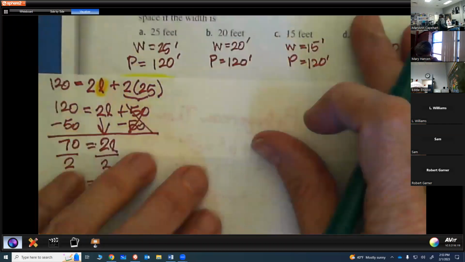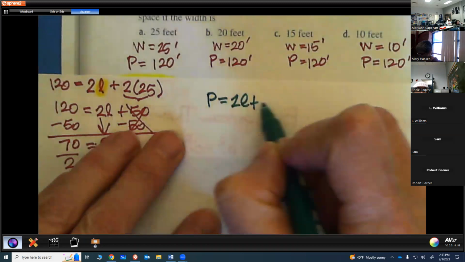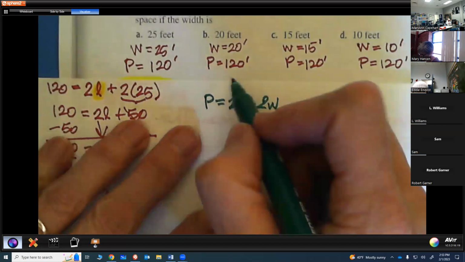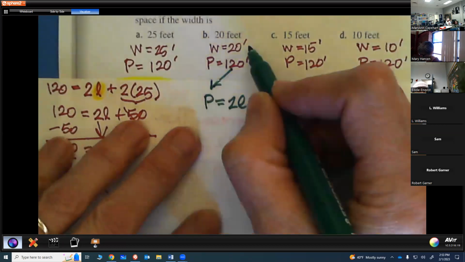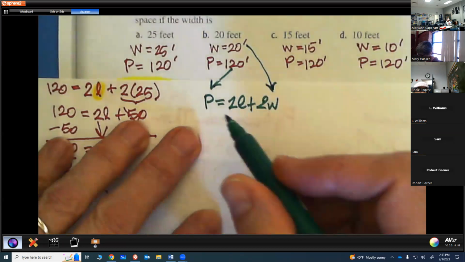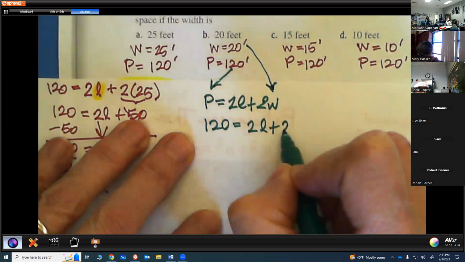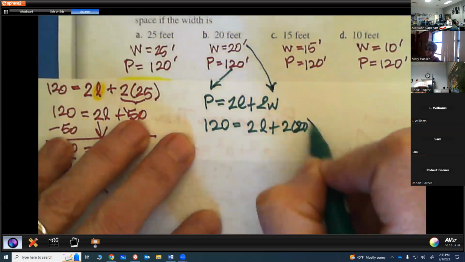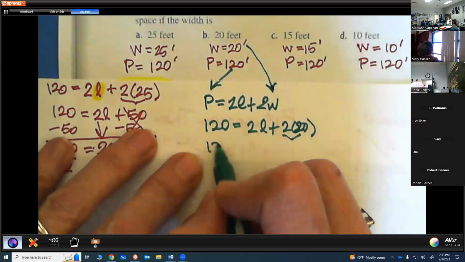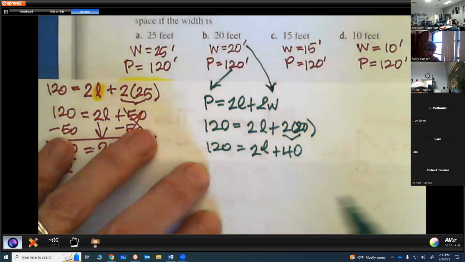Okay, if the width is 20 and the perimeter is 120, that means I'm going to put the 120 in for P and the 20 in for W. I can multiply 2 times 20 to get 40.